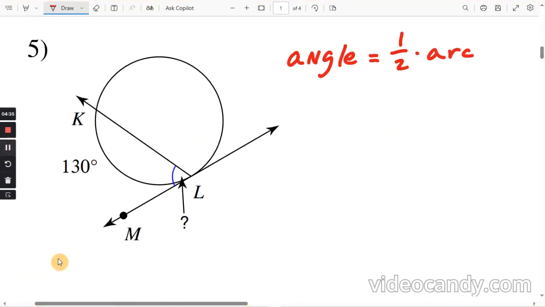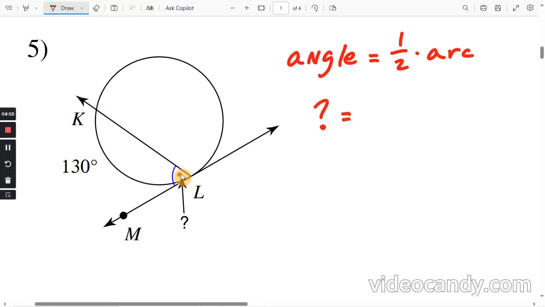All right, please pause and try number 5. Remember that the angle is 1/2 times the arc. This is the angle here. You can call it MLK if you want. I am just going to write angle for now because the angle is represented by that question mark.